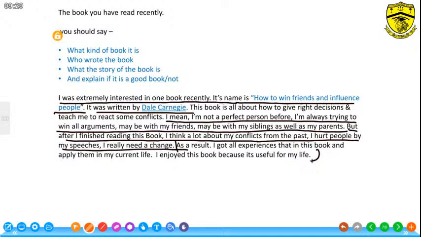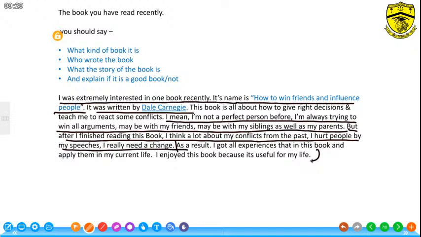That means why I like this book, and explaining whether it's a good book or not. In my experience, this is a good book because after reading it, I really enjoyed it and I really changed myself and got all the experiences and applied them in my current life also.